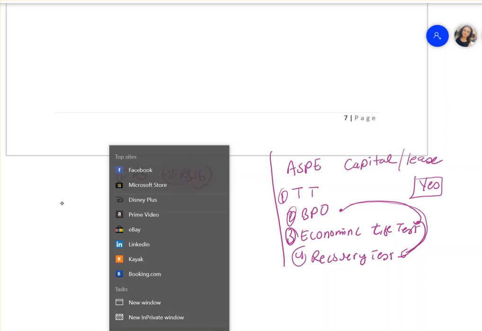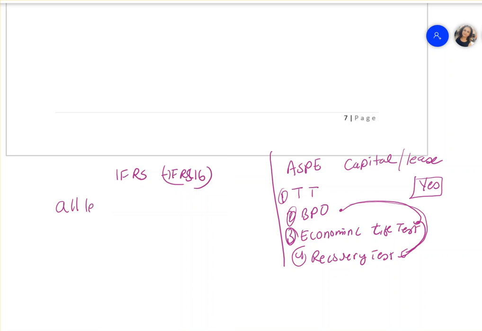Under the IFRS, all leases are capital leases except if it's short term, which is less than 12 months, or a low value lease. Like I said, I gave you an example of low value leases: if the company is buying chairs or mobiles or water coolers, they'll be expensing it at low value.